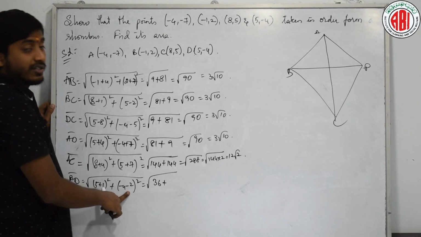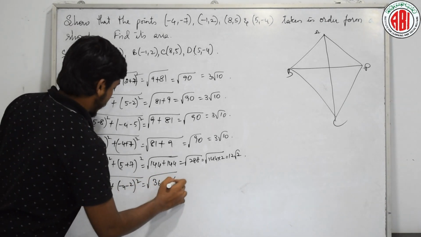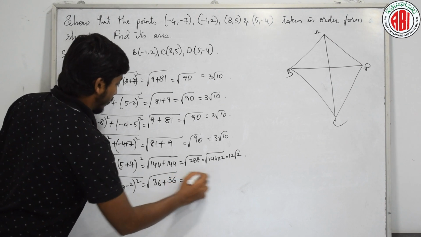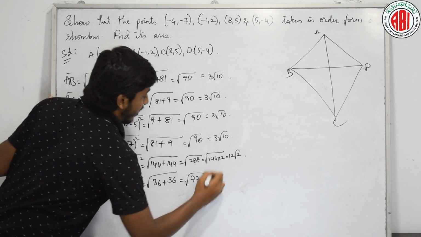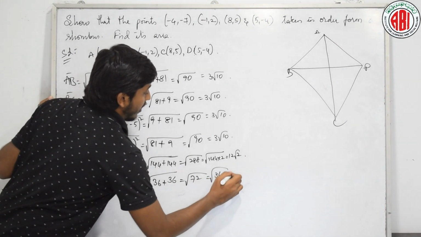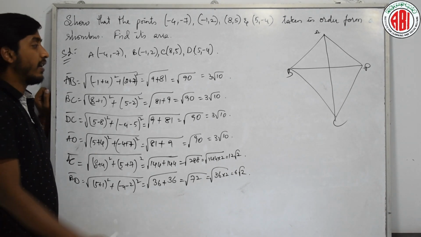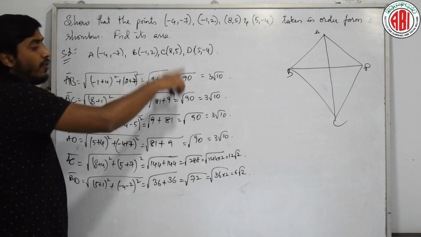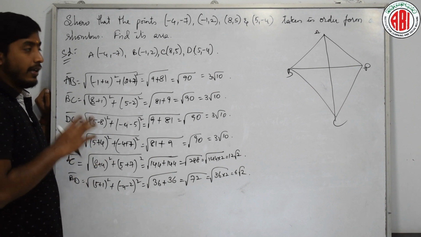Again minus 4 minus 2 क्या है? That is 6. Again 6 square is 36. That is equal to root 72. That is, how much is it? 36 into 2. That is nothing but 6 root 2. Is it right? Did I get all these 4 sides as same? Right? Did you understand? Cool.